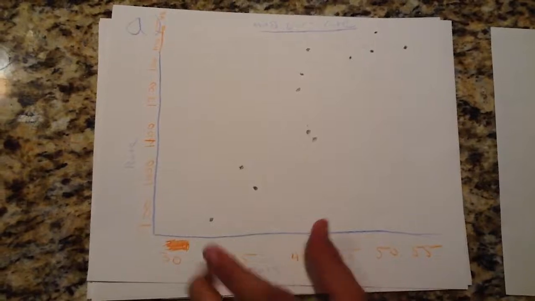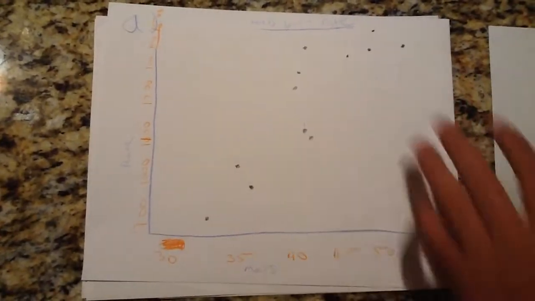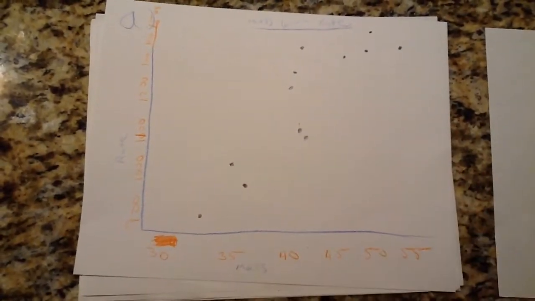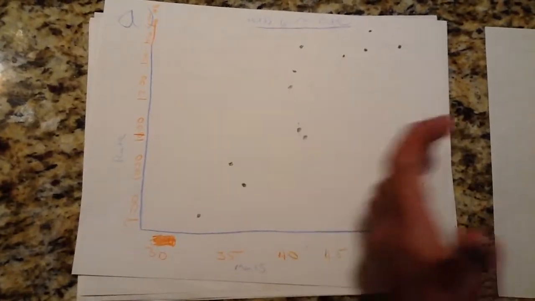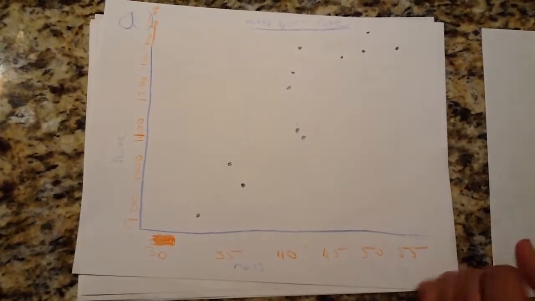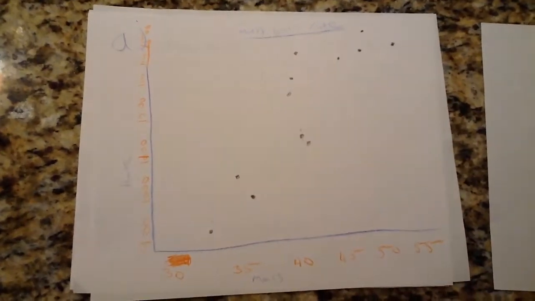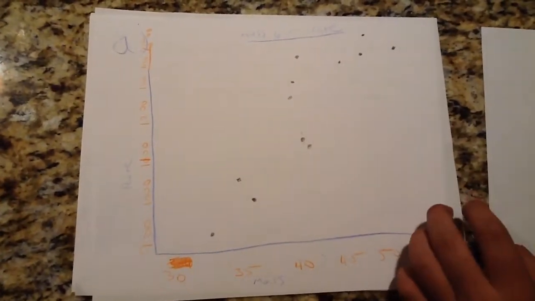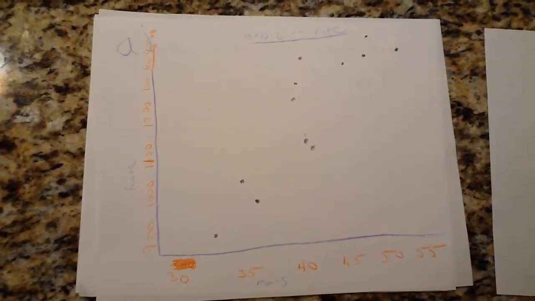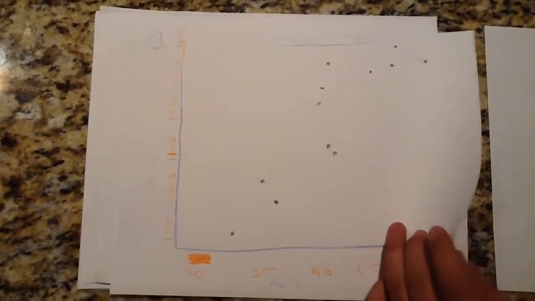This shows the scatter plot for that, and it's mostly linear. It has a strong positive correlation. As mass goes up, rate goes up as well.